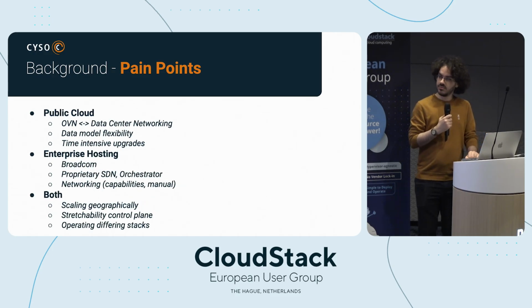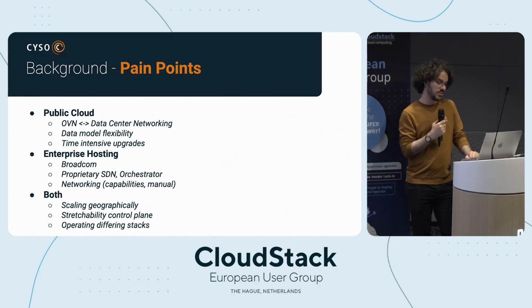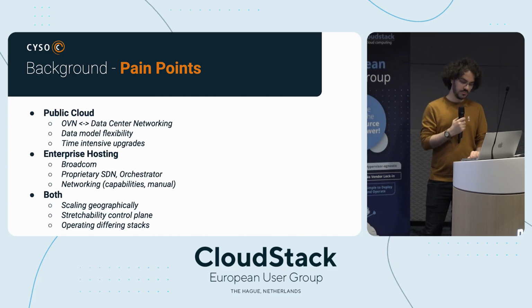And then for both, we're facing issues when it comes to scaling geographically and when it comes to the stretchability of the control plane. And within both environments, we have issues when it comes to operating different stacks within the same control plane. So you have to think about, for example, storage.